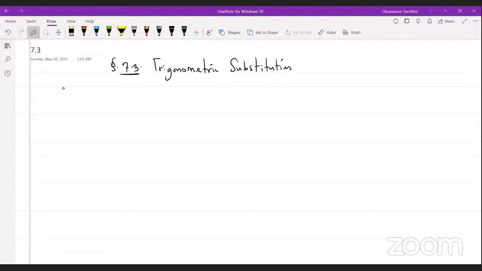Okay, so let me just provide a theoretical idea of why this is important, or the motivation behind it, and then we can apply it and solve a couple of problems. Suppose that we want to calculate the area of a circle.